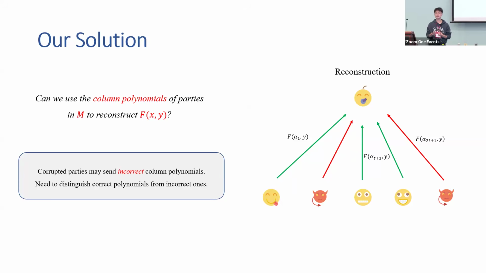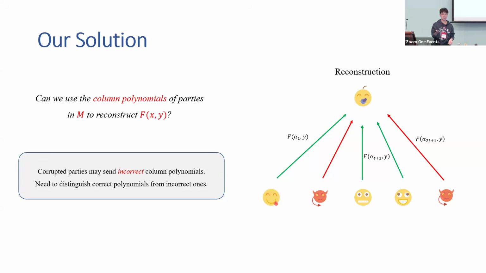But the problem here is that a corrupted party may send an incorrect column polynomial to the receiver, and the receiver cannot distinguish the incorrect one. Sometimes a party will also not send the column polynomial to the receiver. So each receiver can expect to receive t+1 column polynomials.